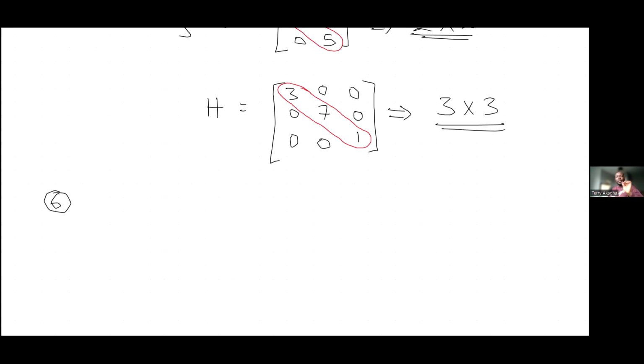So you can say a scalar matrix is a type of diagonal matrix. So now I'm going to write it down. So a scalar matrix. So this is a diagonal matrix. So a diagonal matrix is said to be a scalar matrix.